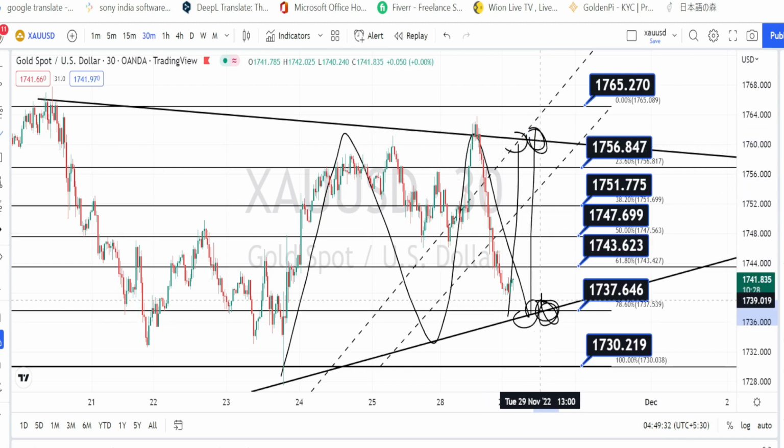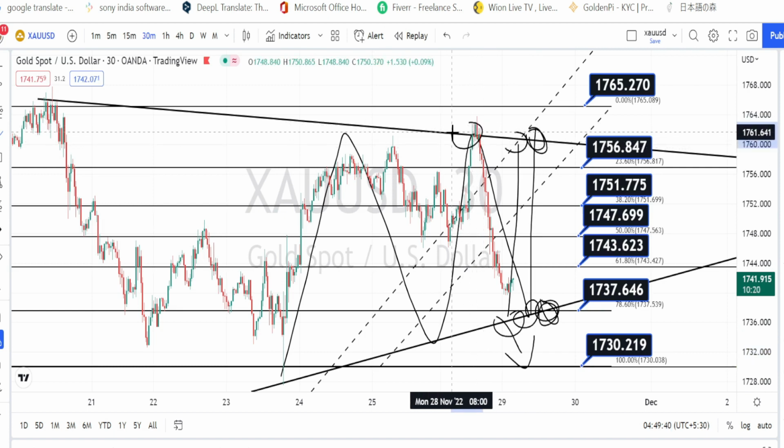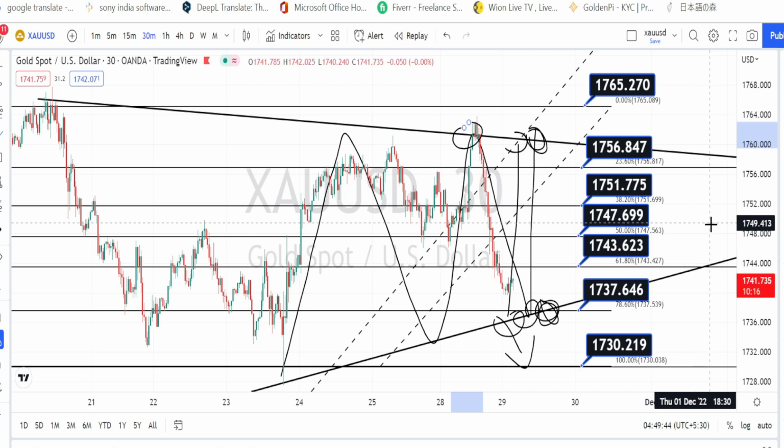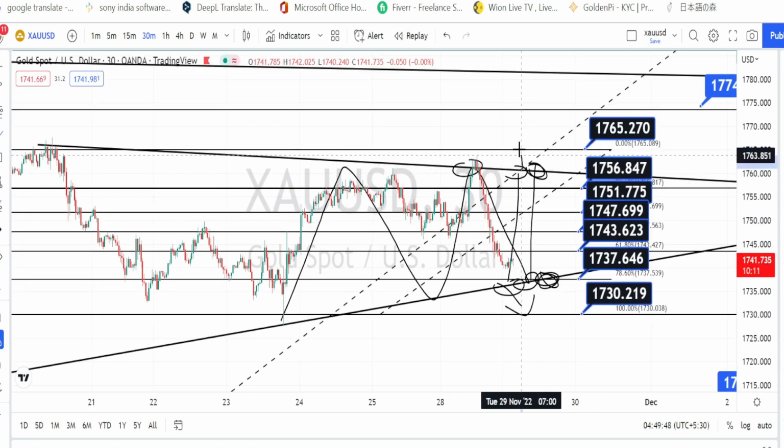And if the price action breaks this support line of the symmetric triangle pattern, it will be the continuation of the bearish trend. And if the price action breaks this resistance line of the hourly time frame resistance line, it will be the retracement on the bullish side, and we have one more resistance line from the 4 hours time frame which it has to break in order to continue its bullish side retracement.